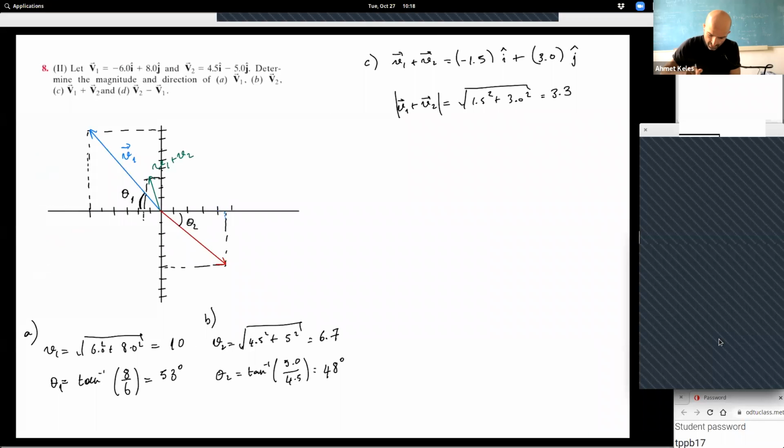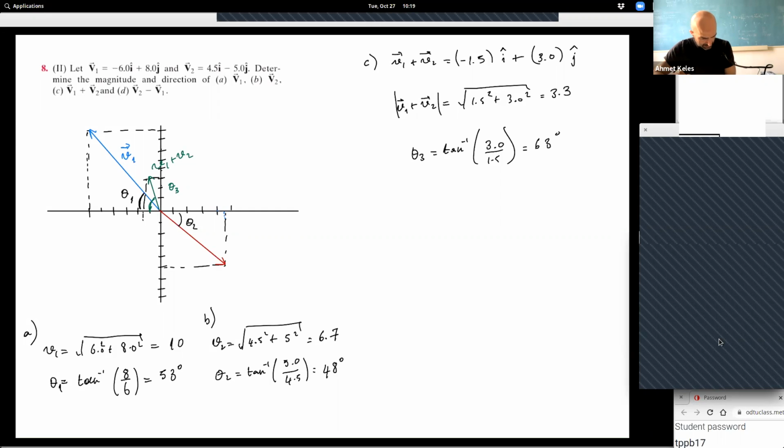Yeah, maybe 3.4, but that doesn't matter. And the angle, maybe I can show it with theta 3. Does that make sense? Yes, it should be bigger than this one, 63, 10 degrees bigger than theta 1.